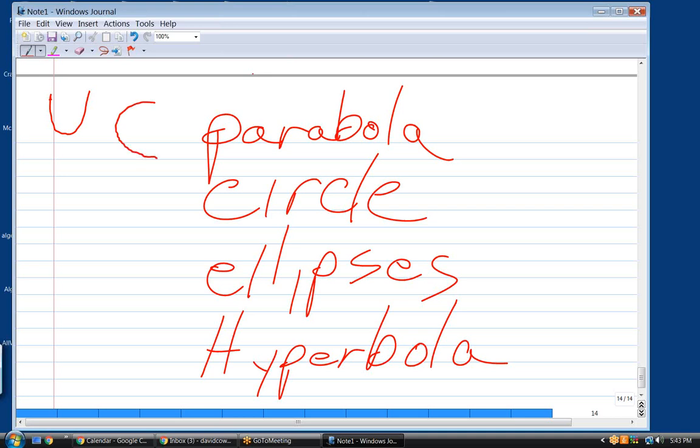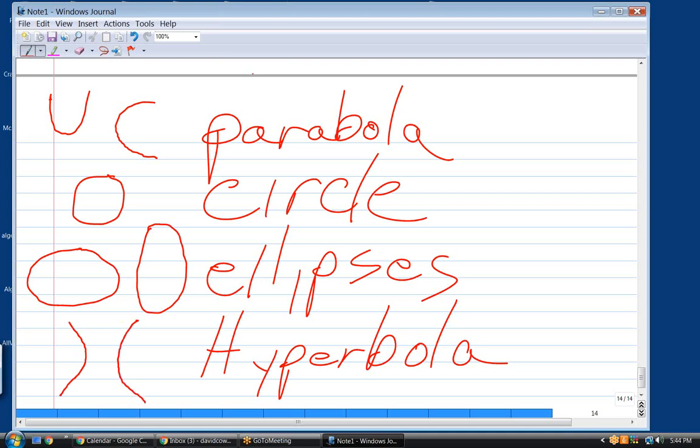Whereas they don't have to be functions. Circles are the easiest one. Ellipses will either be elongated like that, or they will be vertical like this. And hyperbolas tend to look kind of like this.